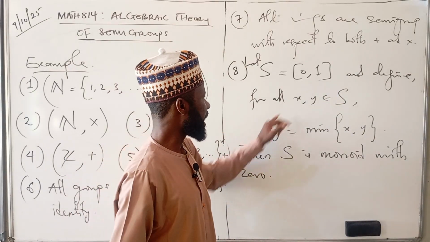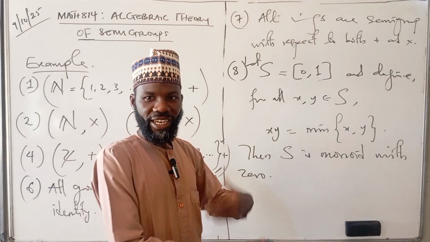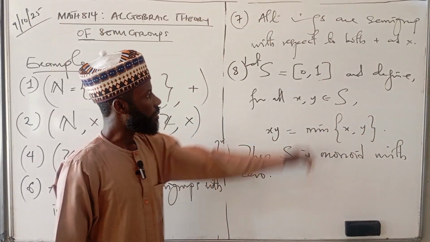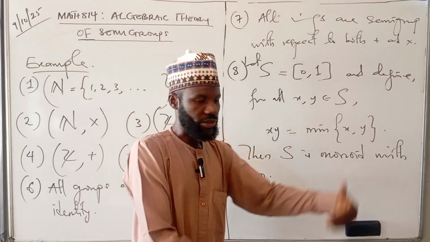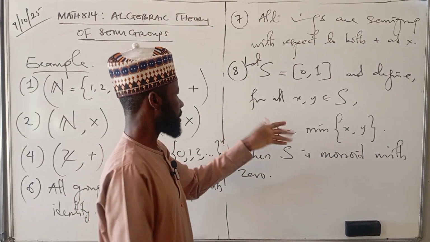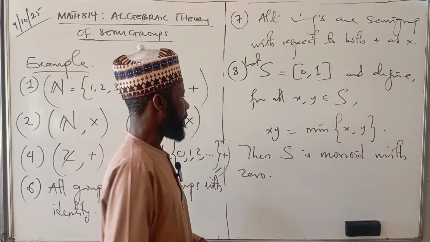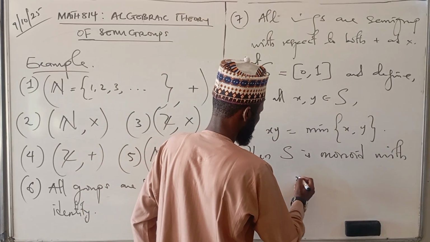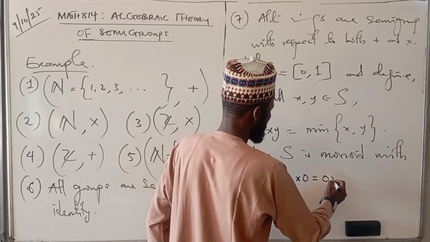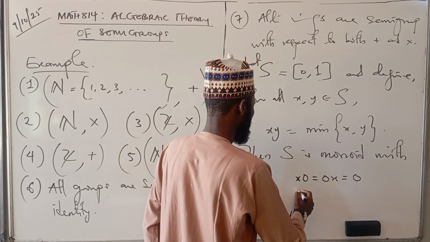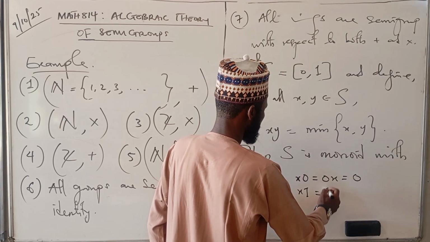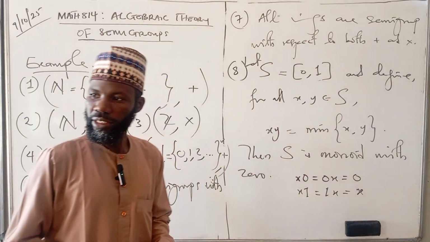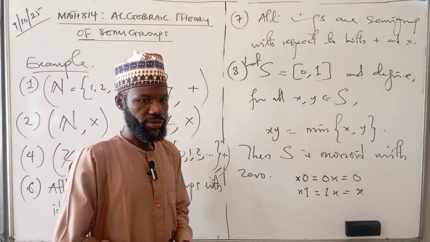So if you take any element x and multiply with 1, you still get the element x. So in this semigroup, x times 0 will always be 0 times x and will be 0. And x times 1 will always be 1 times x and would be x. So you have identity, you have a 0 in this semigroup.